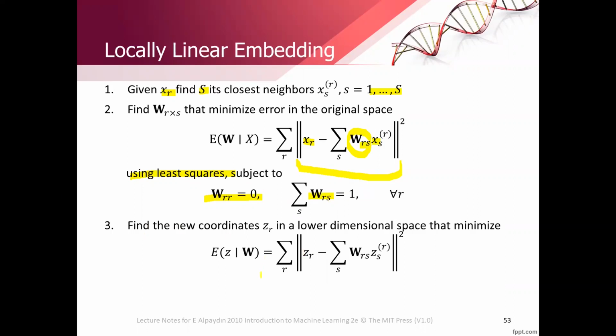After that we compute the new coordinates, and the new coordinates should have the same property, so that the new coordinate for the observation R should be possible to express as the linear combination of the mapped observations, with the same weights.